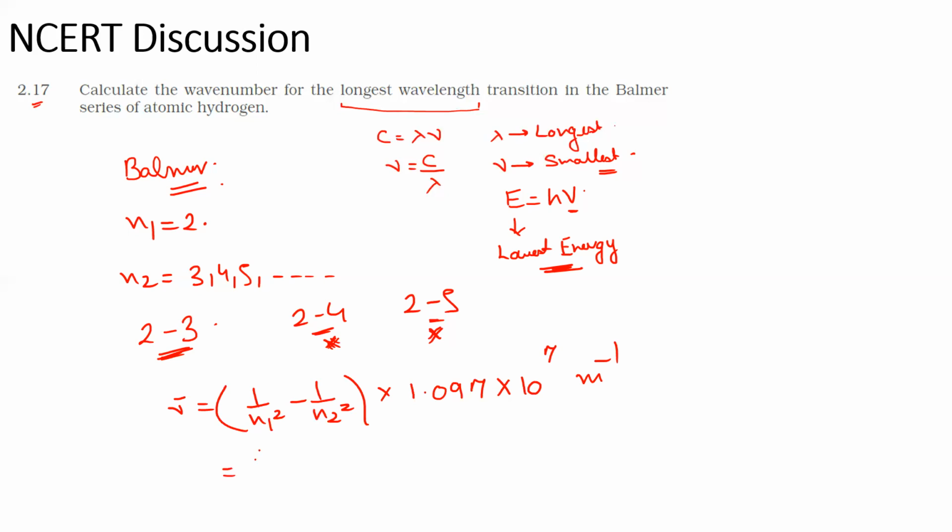So this is going to be 1 by 4 minus 1 by 9 into 1.097 into 10 to the power 7.